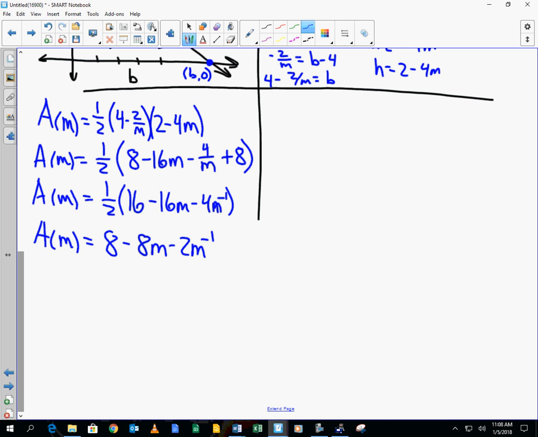Just take the derivative. I mean, you guys understand how awesome that is? It's like, try to maximize it. Well, how in the heck do you maximize something? Take the derivative. And we set it equal to 0. What's the derivative? Yep, 2 over m squared, right?